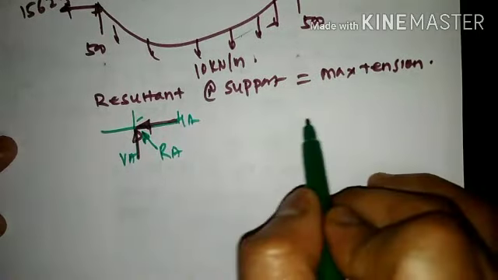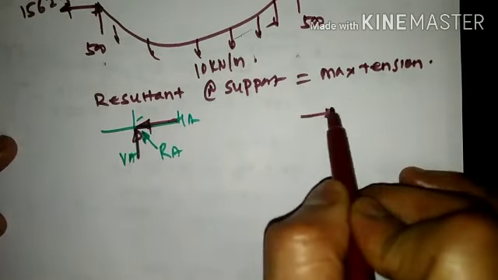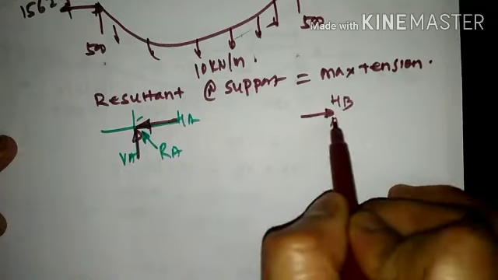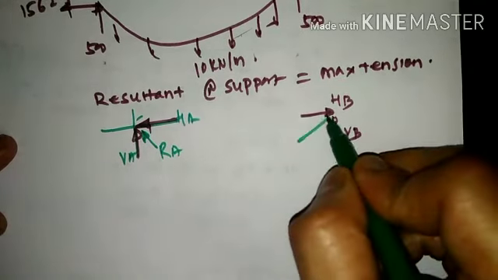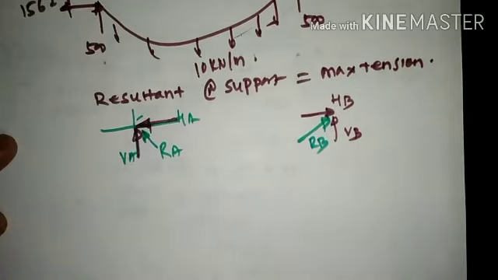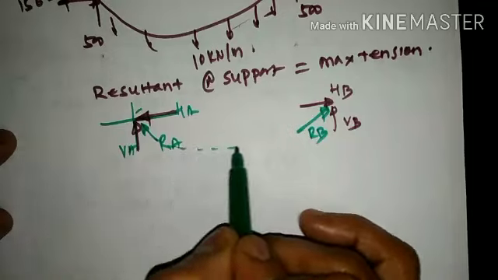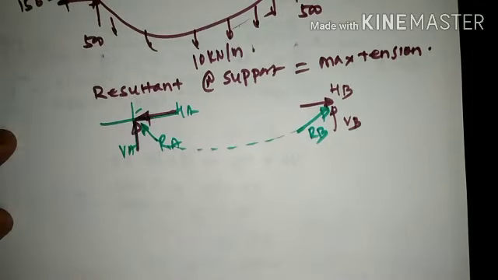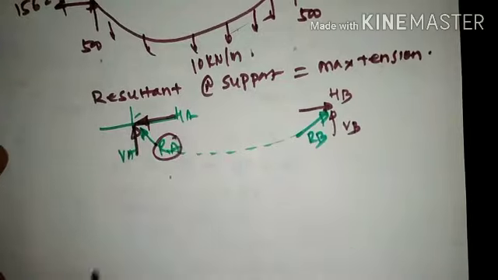Likewise, the same condition prevails here. This will have a horizontal force component HB and vertical force component VB. The combination of both will be a resultant force component RB. This resultant force component will be passed throughout the length of this particular cable. So for that reason, we need to find out the value of RA.